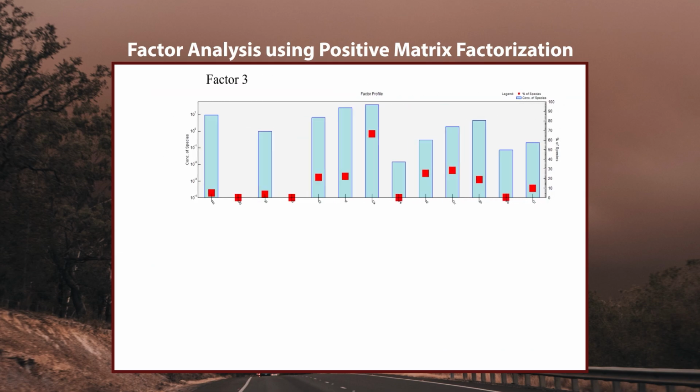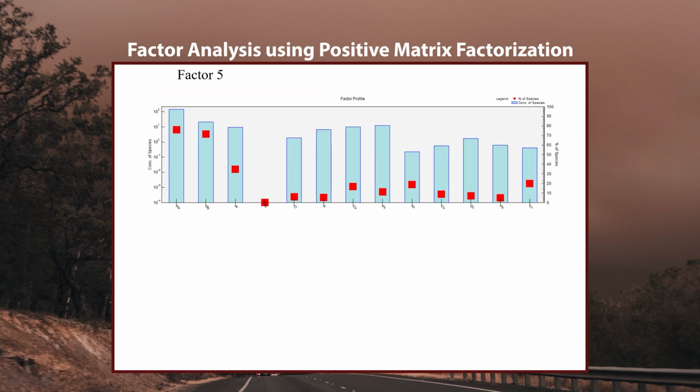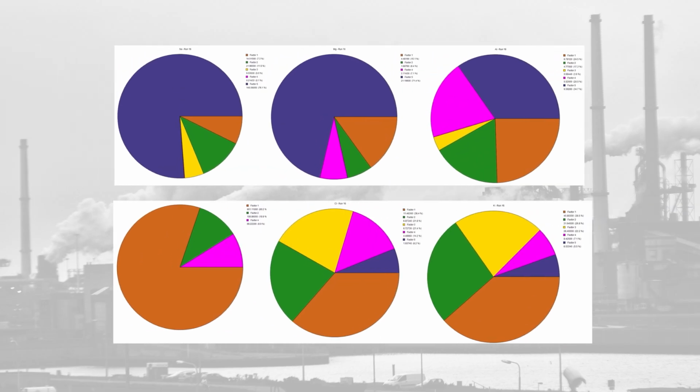It gives different factors from a set of data. We get factors like factor 1, factor 2, factor 3, and maybe factor 1 can be the vehicular pollution, given in blue. In this plot each circle denotes a different place.